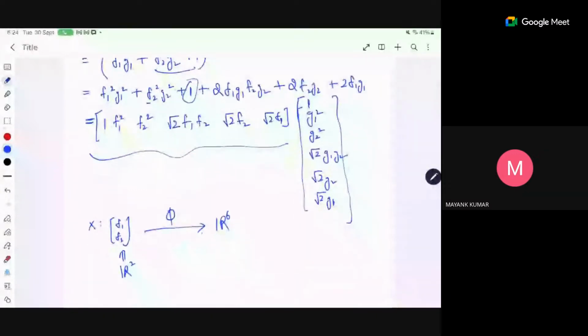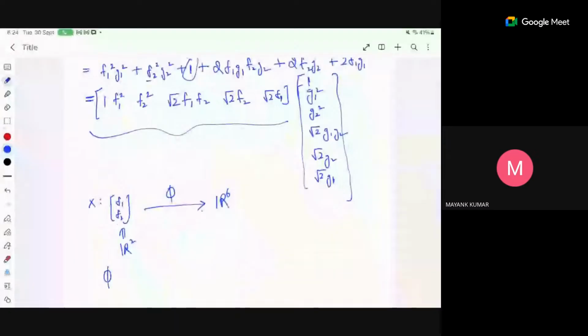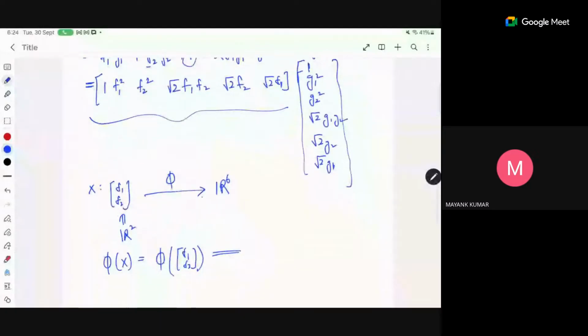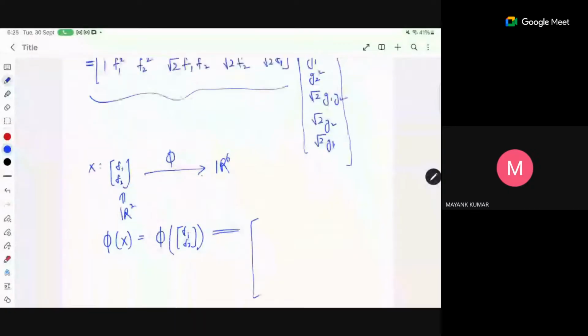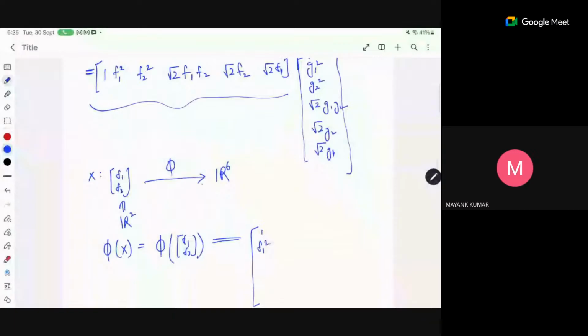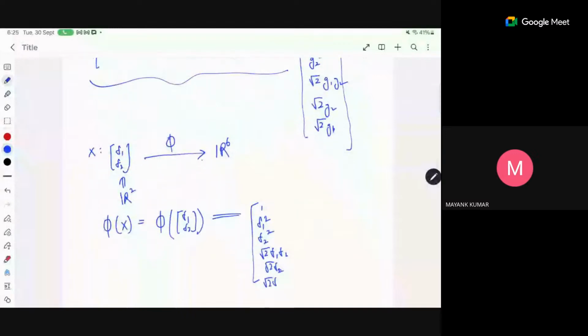So what is phi doing? Phi is taking your x, which is your f1, f2, and converting it in R6, which is this vector. In general, if you have to write for this, what will you write? You will write 1, f1 square, f2 square, under root 2 f1 f2, under root 2 f2, and under root 2 f1.